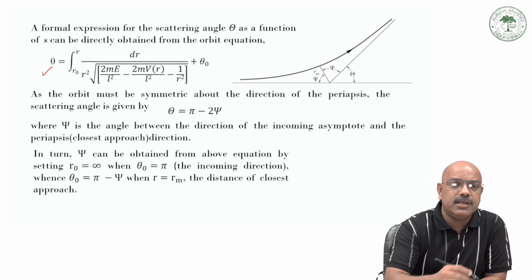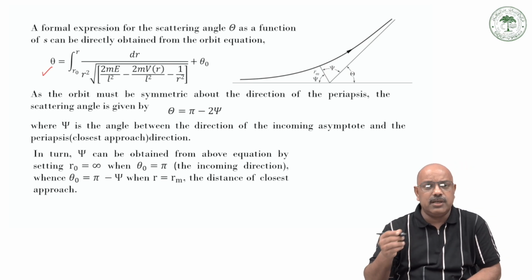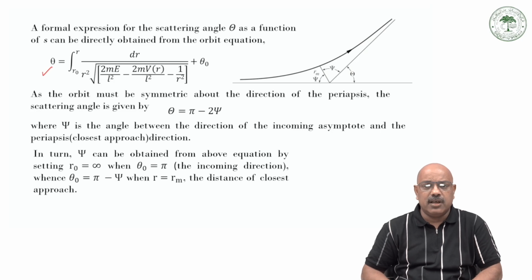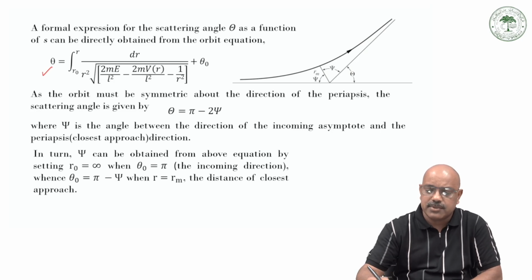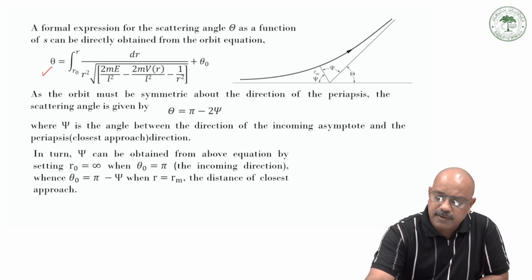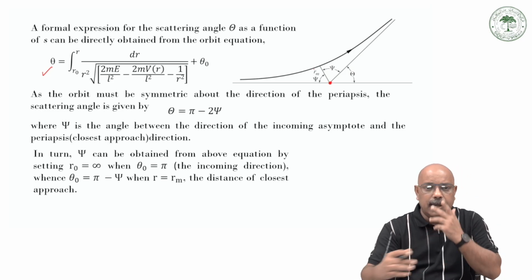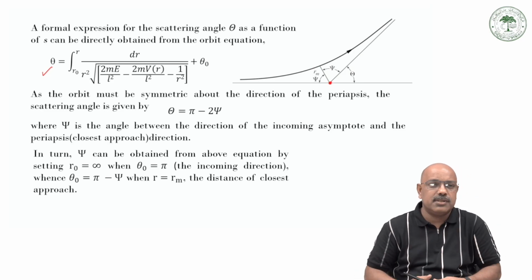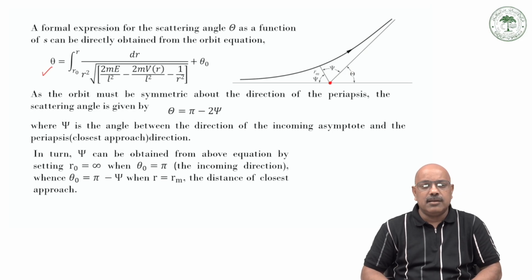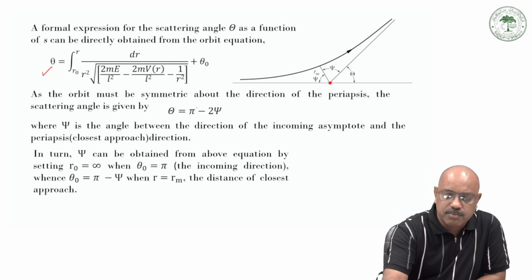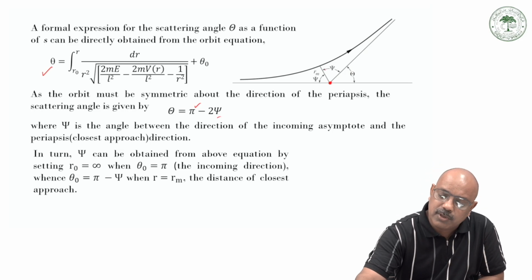The orbit is going to be symmetric about the direction of the periapsis. The periapsis is, if this is my force center, the closest approach from the incident direction. So the scattering angle is given as theta equal to pi minus 2 psi.